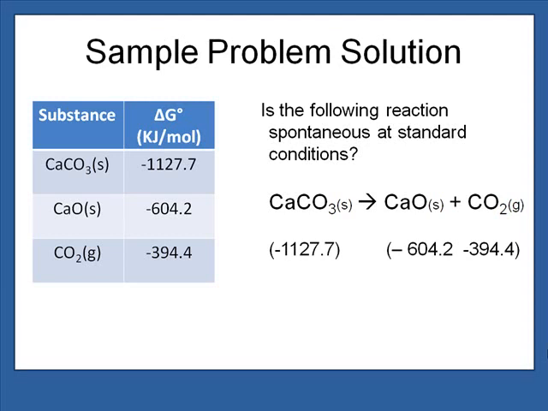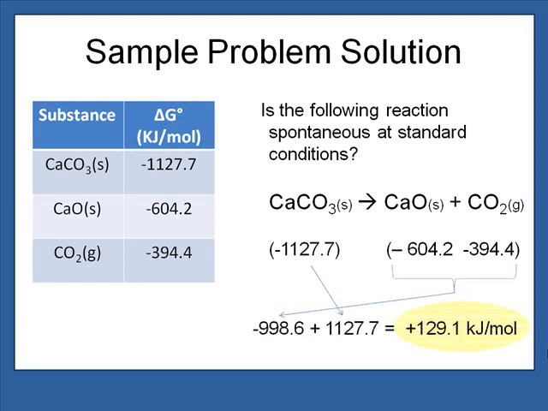We'll plug in the others, and we are going to sum each side and subtract the products minus the reactants. So we flip those over, and we're subtracting a negative value, so that becomes a positive. We end up here with a positive 129.1 kilojoules per mole. And being positive, that means this is going to be a non-spontaneous process, which is good.